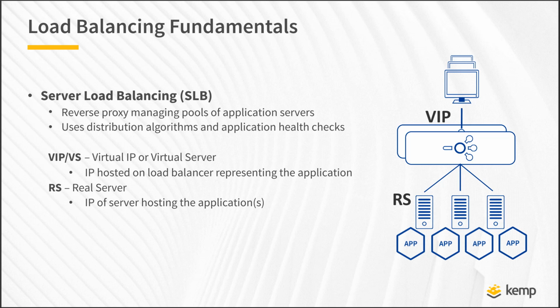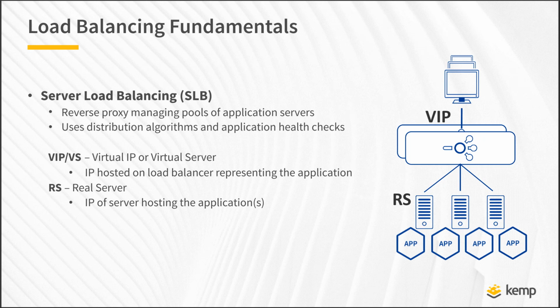We, being the load balancer, are hosting that IP address for that application so that all the clients will connect to that virtual IP address. They're connecting to this IP address that the load balancer is hosting. And then the load balancer is taking those connections and passing them on to these RS, or real servers.